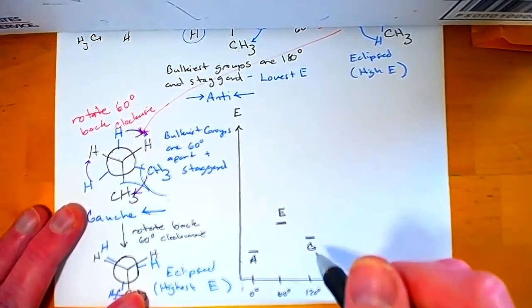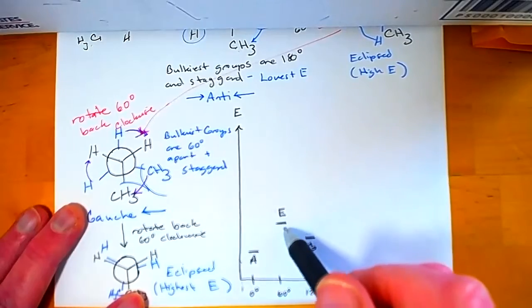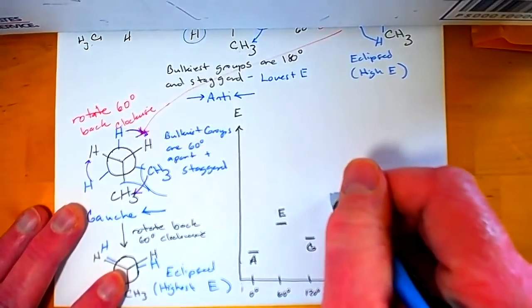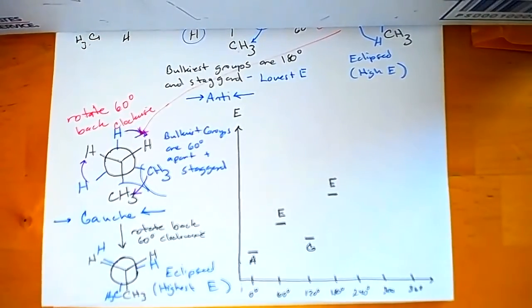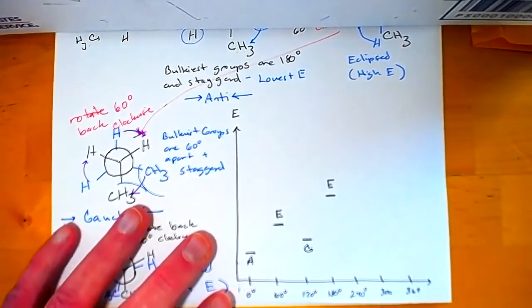And then we're going to rotate again, and now we're going to be even higher in energy than this conformation to get to this point right here, which should be your highest point. Now, since everything else is symmetrical, you can pretty much just line it up from here, okay?